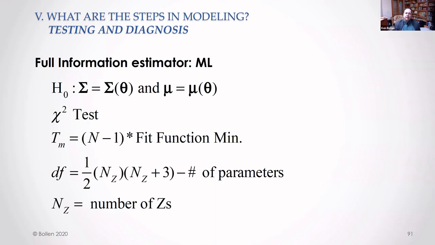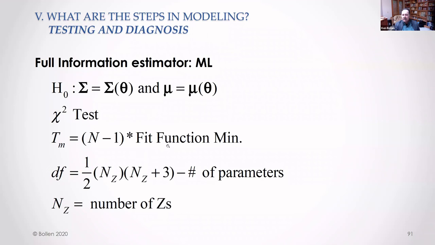It has, as I said earlier, this null hypothesis: sigma equals sigma of theta, mu equals mu of theta. This will hold if my model is true. Fortunately, we have a chi-square test of this null hypothesis.